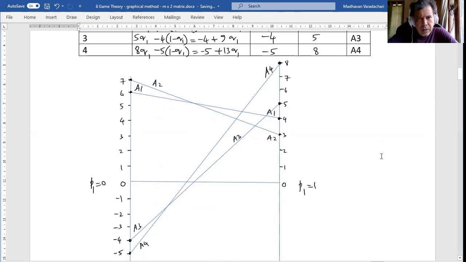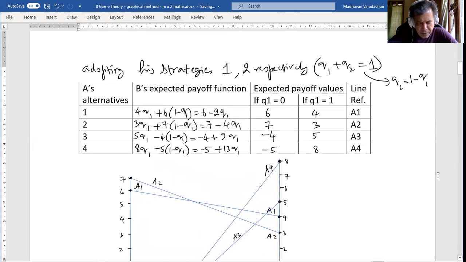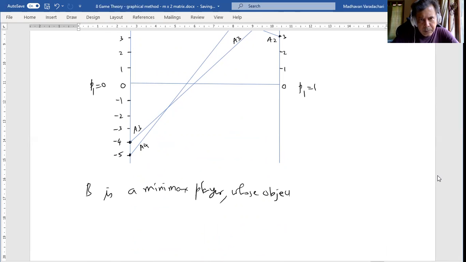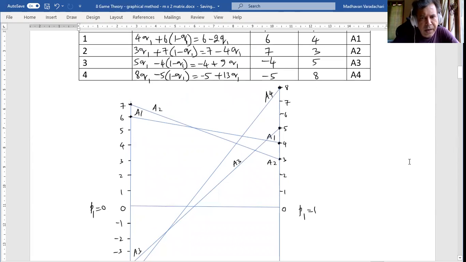Now we are approaching this problem from B's point of view, and we know B is a minimax player, whose objective is to minimize his maximum losses. So we need to shade upward for all these lines, so shading will be like this.